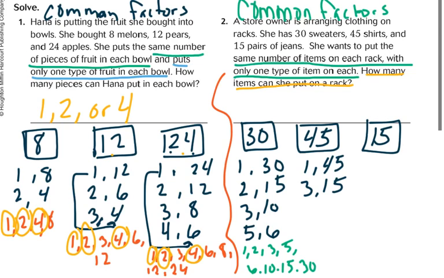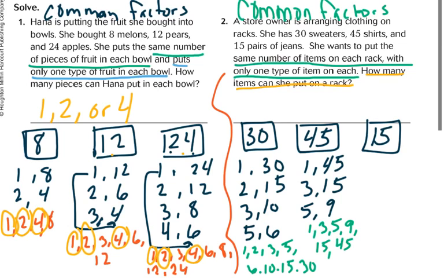It is not divisible by 4. It is divisible by 5. 5 times 9. It's not divisible by 6 because it's not divisible by 2. Not divisible by 7. Not divisible by 8. So I'm done. 1, 3, 5, 9, 15, and 45 are my factors.